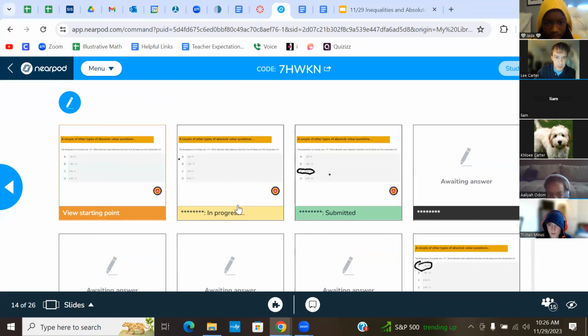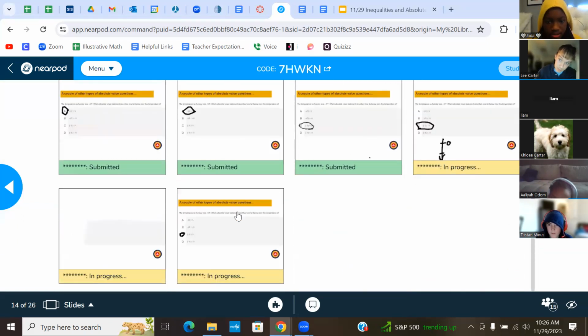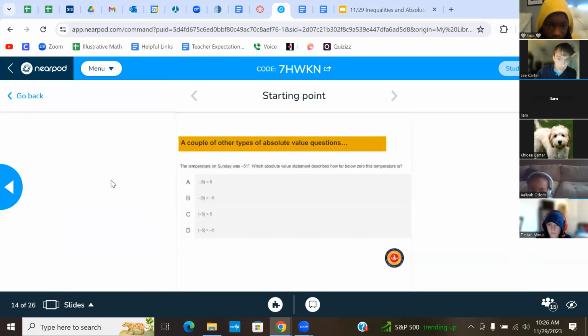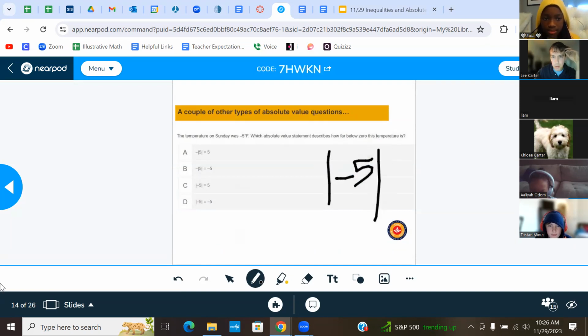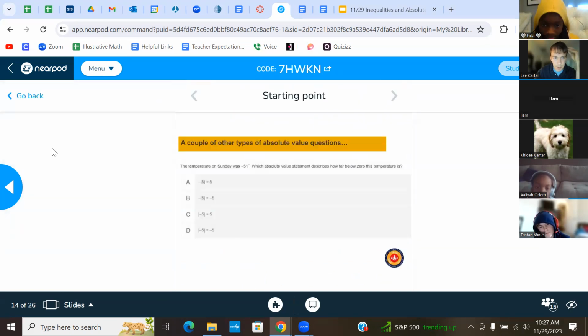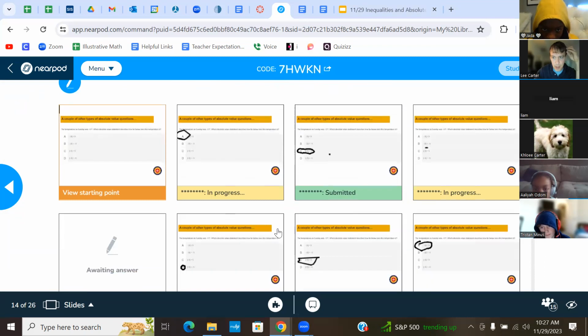Some of y'all have mixed this one up. If you're thinking about it as an absolute value statement, what you should be thinking about is that it is 5 degrees away from 0, right? That's what you should have started with. Some of y'all need to look at your answer and make sure you thought about it that way.